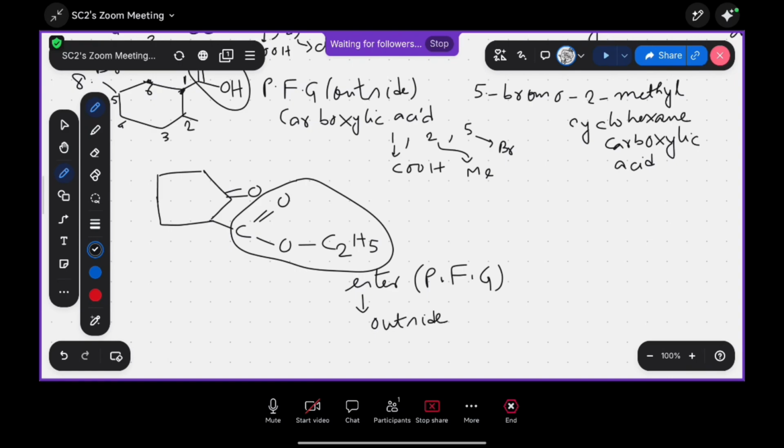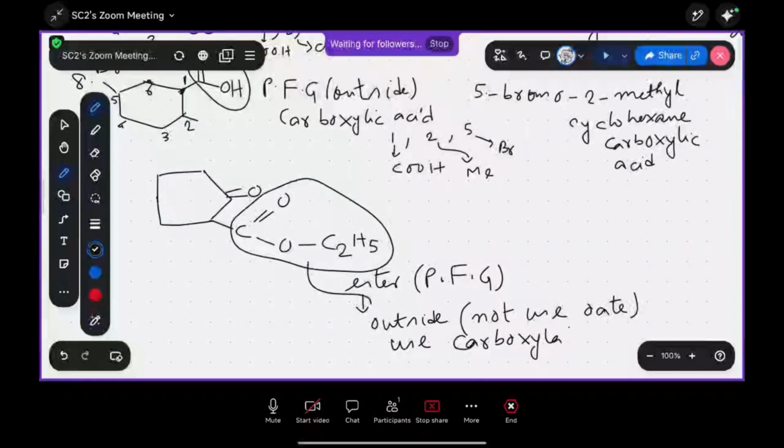The C2H5 is outside the ring. So you cannot use OH. What will you use? You will use carboxylate, since this is outside the ring.